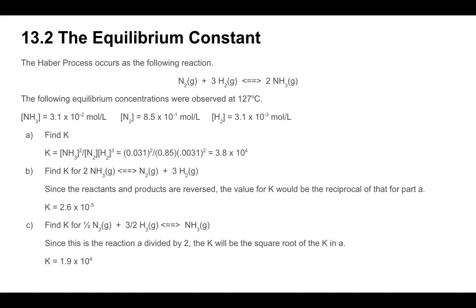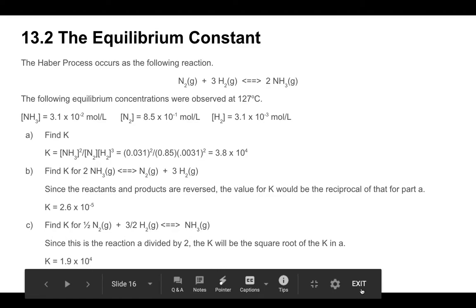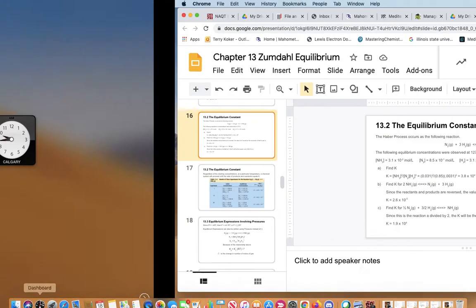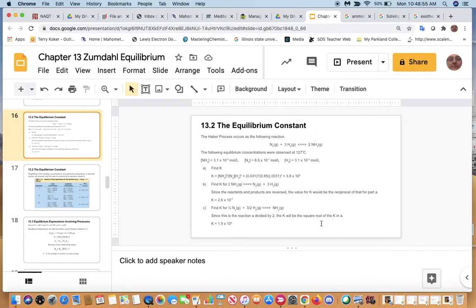I actually did not calculate this right. Let me real quick fix this. I took half of the K, not the square root of the K. So let's figure this out. 3.8 times 10 to the 4th. That would be 38,000. Square root of 38,000 is about 195.